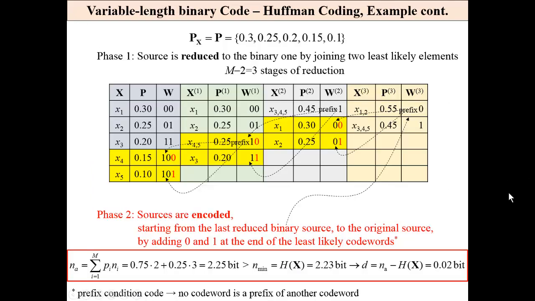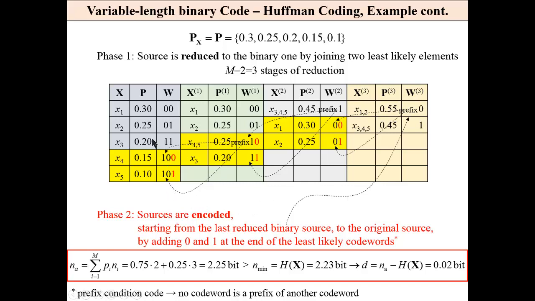In the second phase, we encode, starting from the binary source, 0 and 1, encode a binary source. Then this 0 is prefix of code words obtained from this word x1 to x1 and x2 and so on. 10 is prefix of these 2 code words.